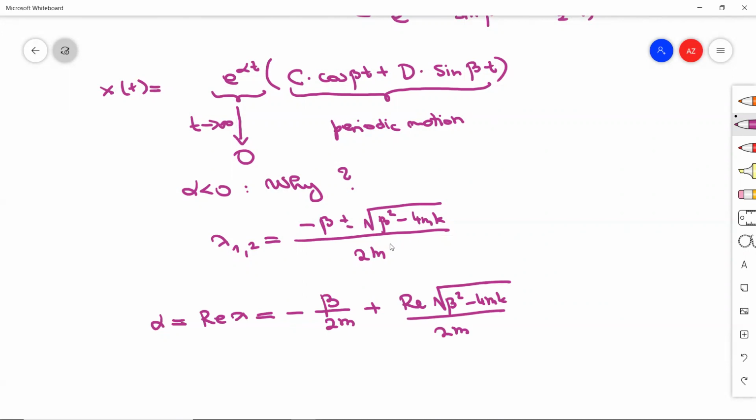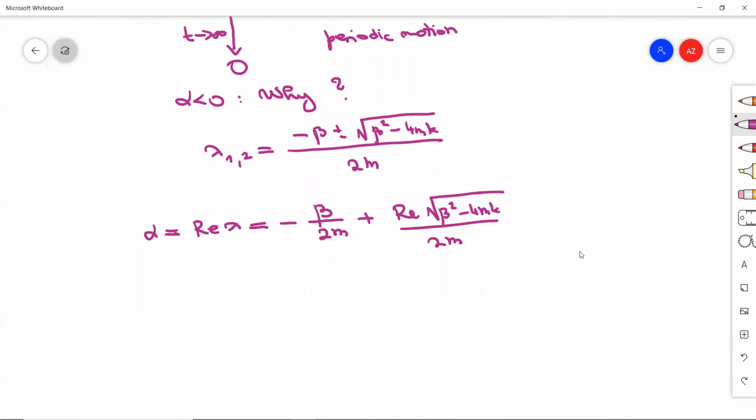So what we need is that alpha is smaller than 0 if and only if the real part of the square root of beta squared minus 4mk is smaller than beta.